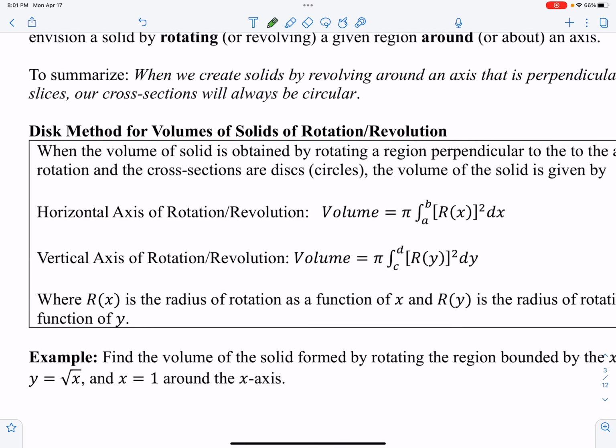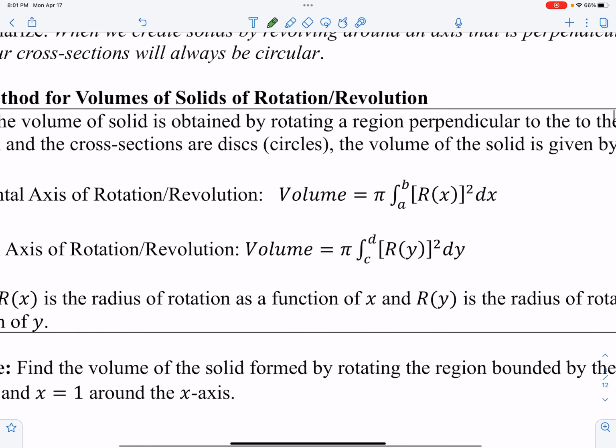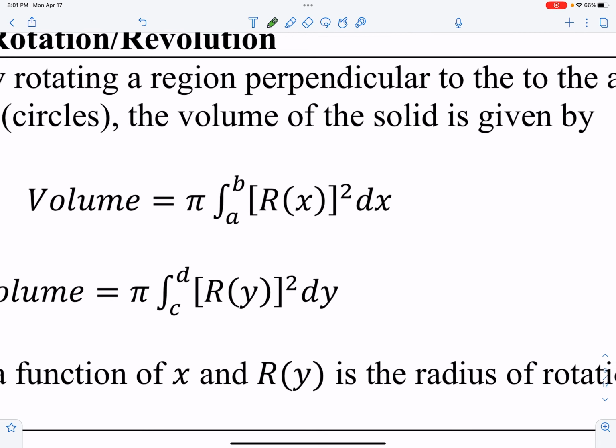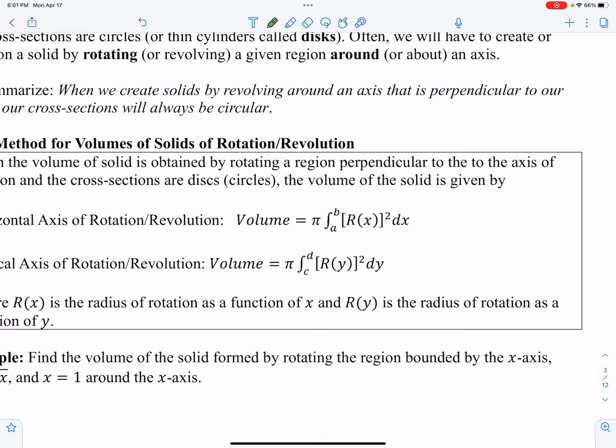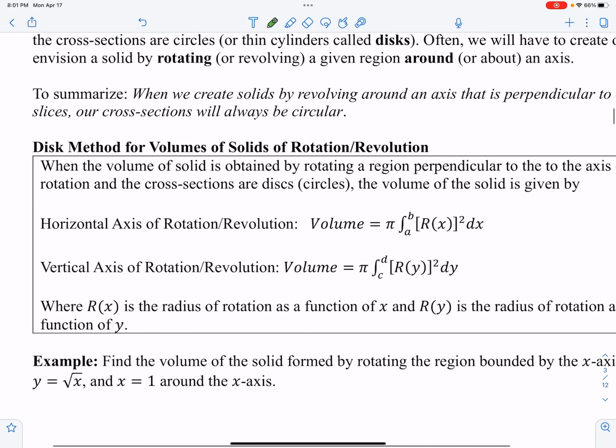So if your cross sections are perpendicular to the x-axis or to some horizontal axis of rotation, if it's not the x-axis, then you are integrating with respect to x, right?